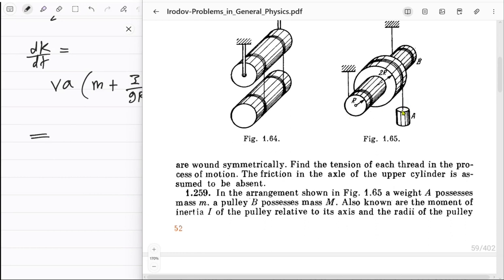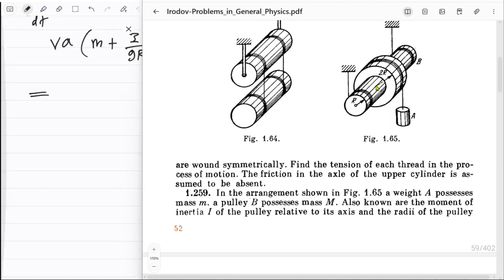Or you could just say, well, the power due to gravity. Now the thing is, it's not just this mass A that has gravity acting on it, it's also this guy. This was moving down with V, and this center of mass was moving down with how much?